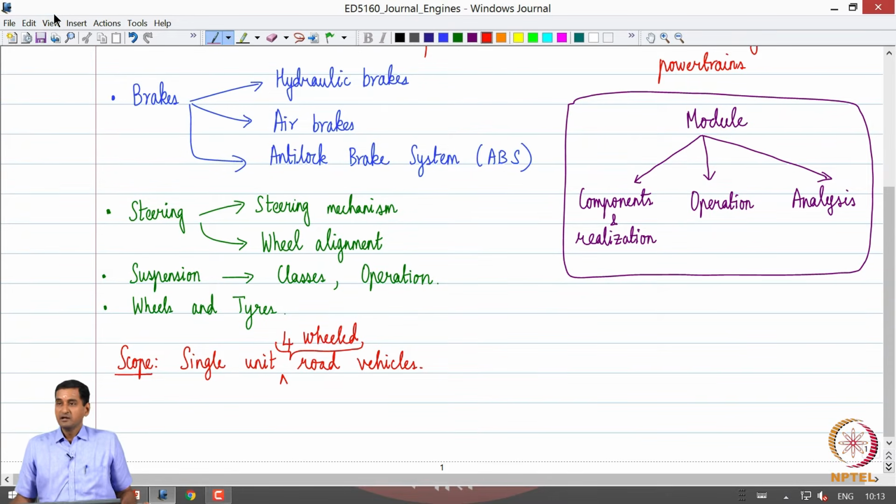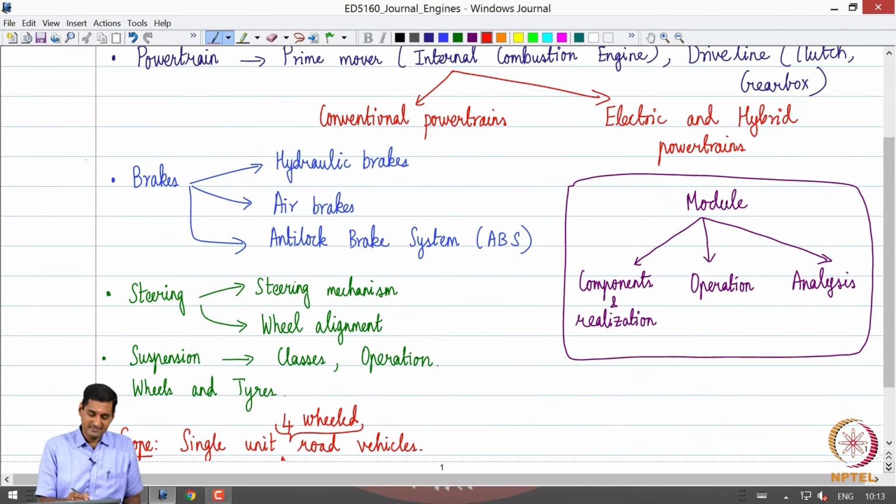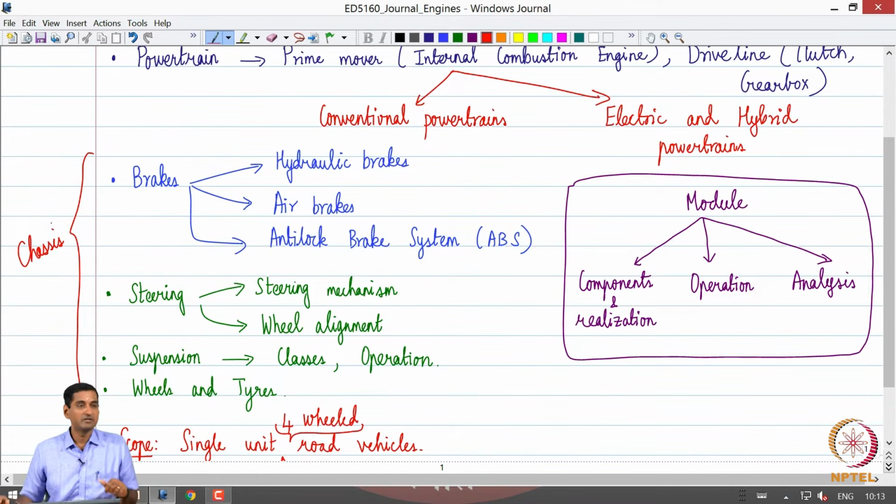Okay. So, the broad flow of this course is going to be in this manner. So, we will start with the powertrain, we will spend quite a bit of time on understanding the automotive powertrain. Then we will go to what is called the chassis. Okay. Typically, you put everything together, like people call it the automotive chassis, right.